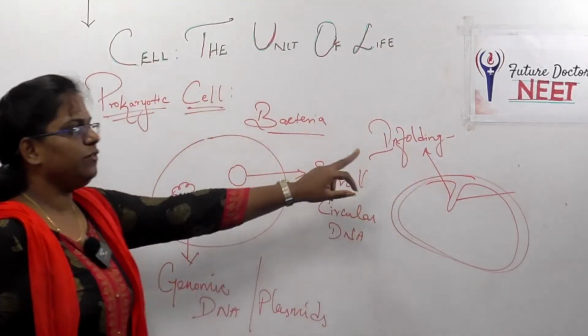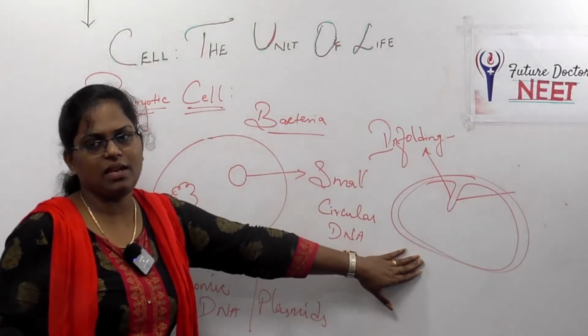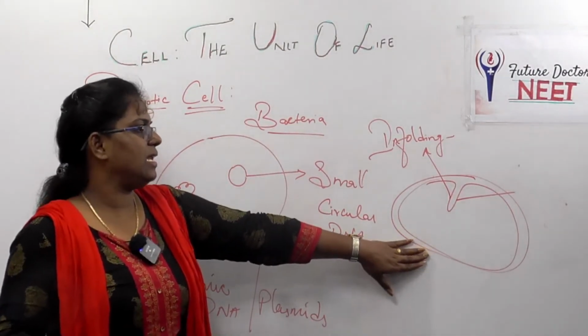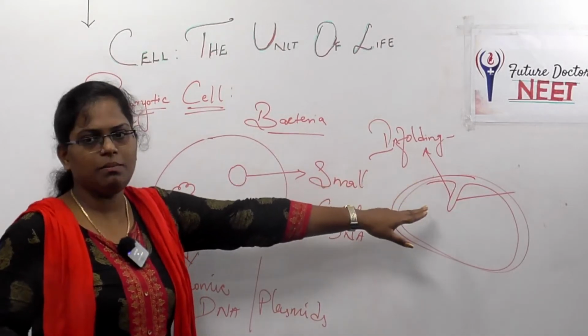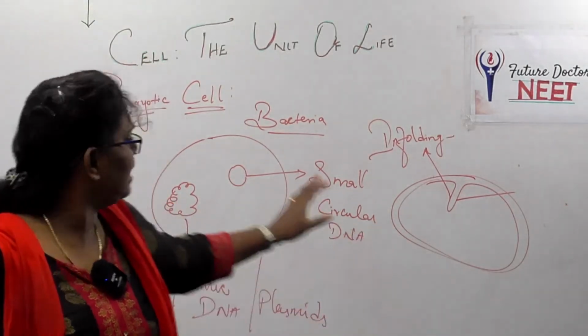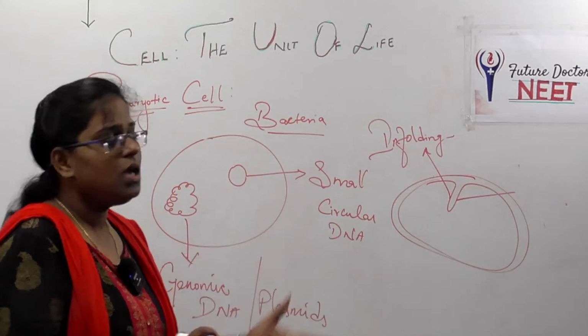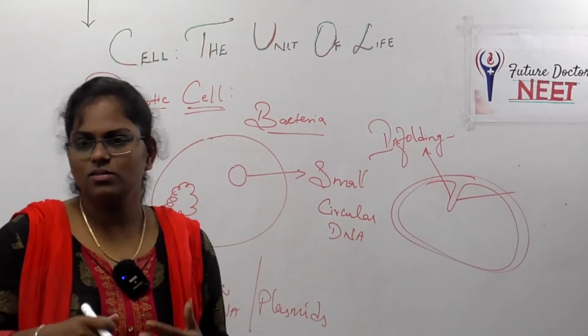It is an essential, unique character, an infolding of the cell membrane. There are so many types of infoldings of cell membranes, and we are going to see them one by one.